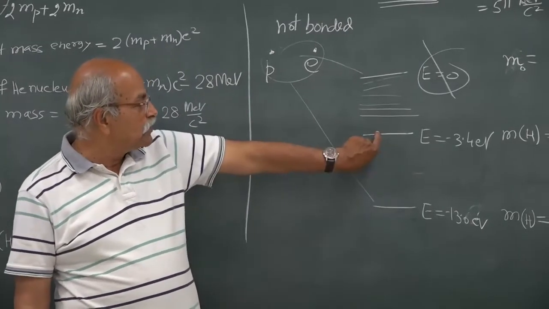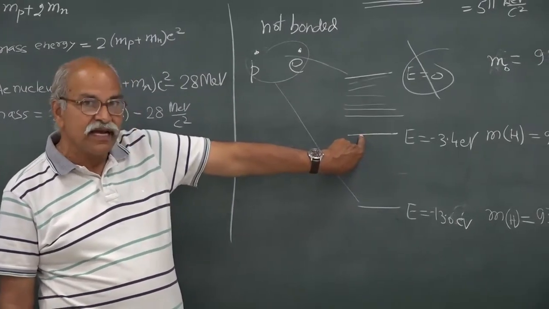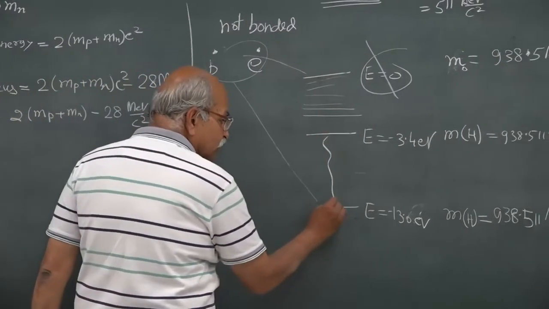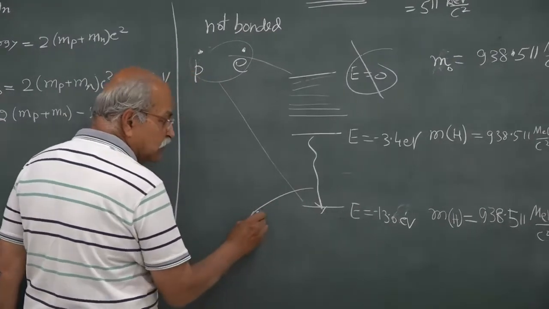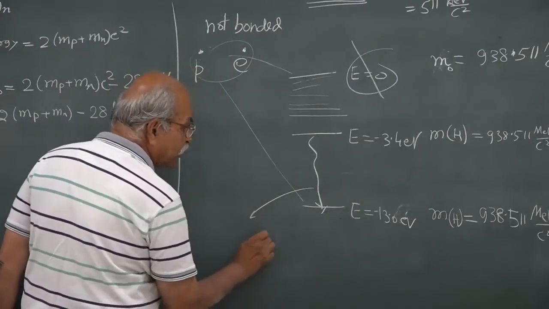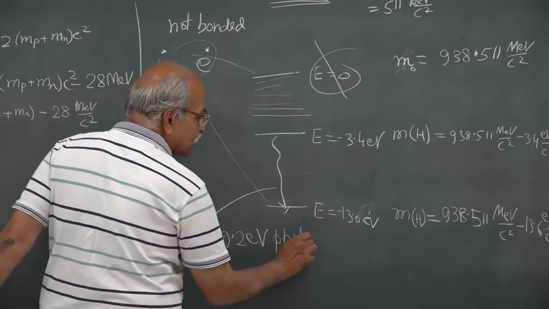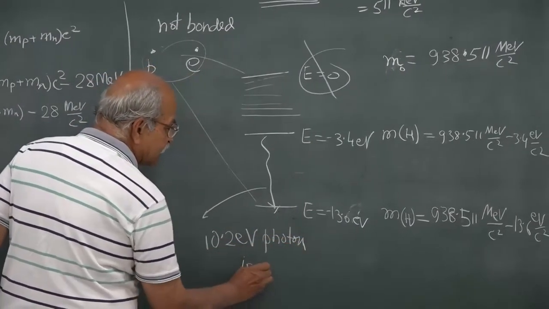If you put the hydrogen atom in the first excited state, it de-excites, and then a photon of this minus this, 10.2 eV, is emitted. We will talk of photons later.